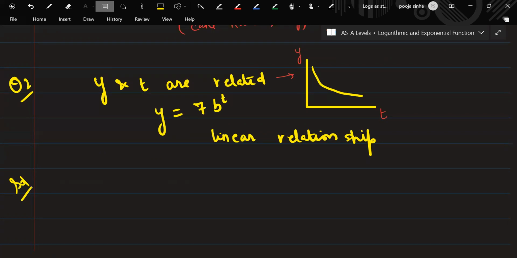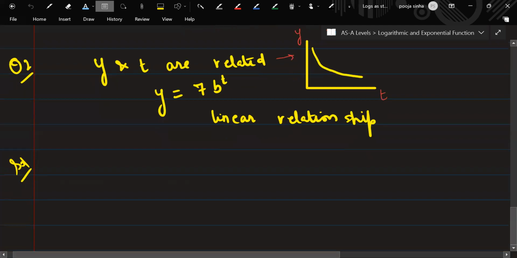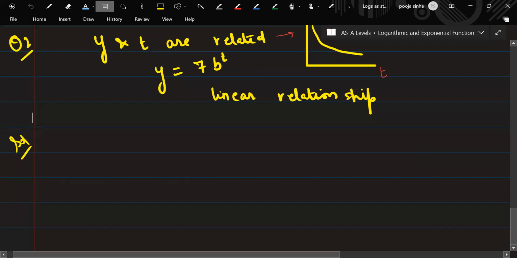Just that whatever you're taking, you should take the same thing on both sides. How does the final answer have to be? It has to be in linear relationship, in terms of log.